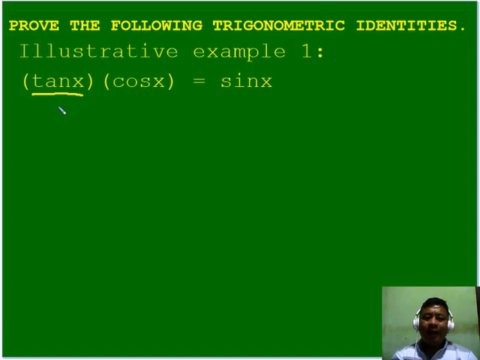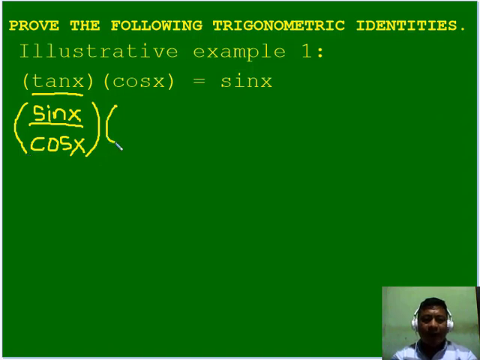Applying ratio identities, we can rewrite tangent x as sine x over cosine x, multiplied by cosine x.